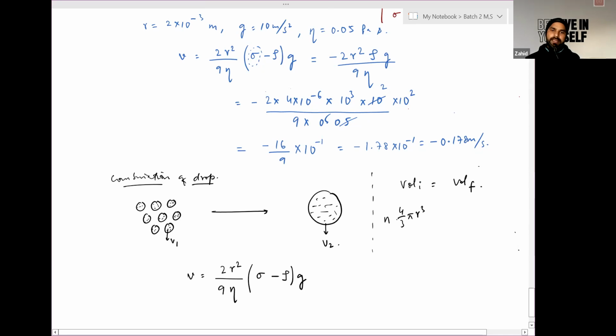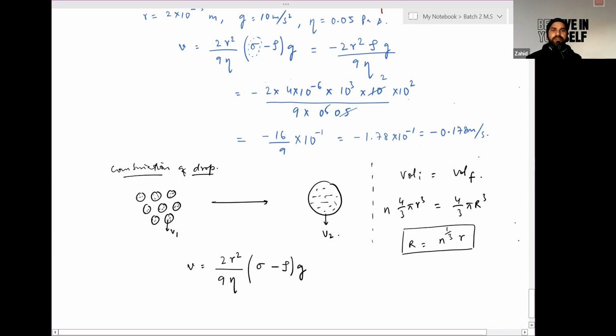And since there are n number of drops, just multiply it by n, equals 4 by 3 pi R cube for the single large drop. So 4 by 3 pi will cancel out. So R will equal n to the power 1 by 3 times small r. So this is the relation between radius for two different combinations.